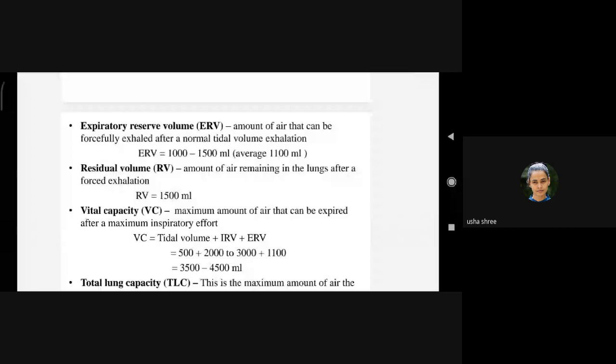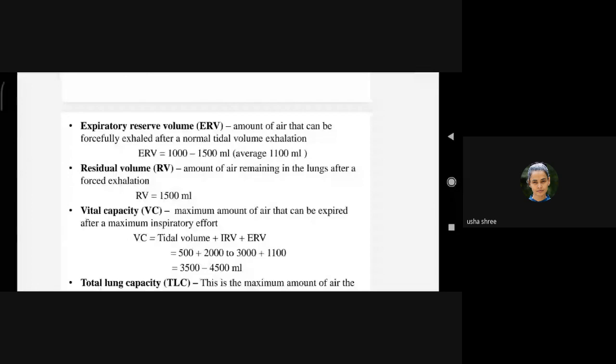So some amount of air should always be there in the lungs for preventing our lungs from collapsing. That is why this is known as residual volume. This amount of air will always be in the lungs. And what is the amount? That is 1500 ml.